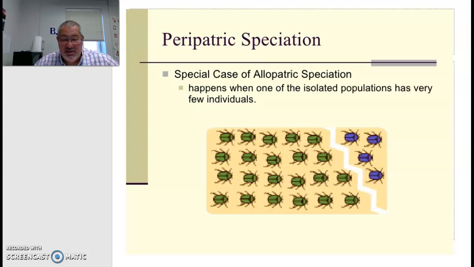Peripatric speciation is an example of a special type of allopatric speciation, when the population that becomes geographically isolated exists with just a very few individuals.